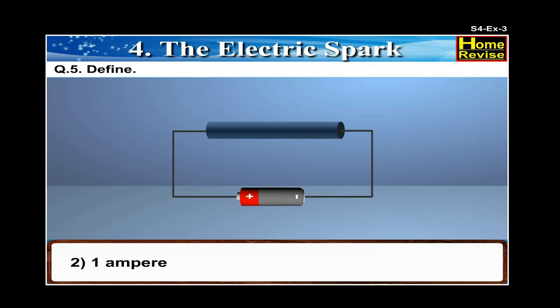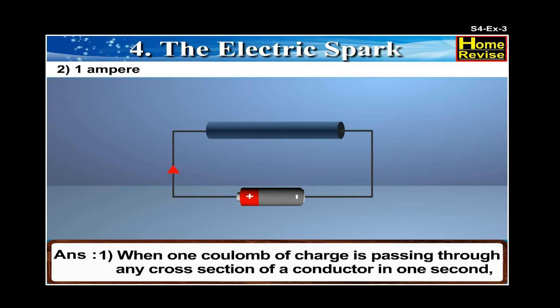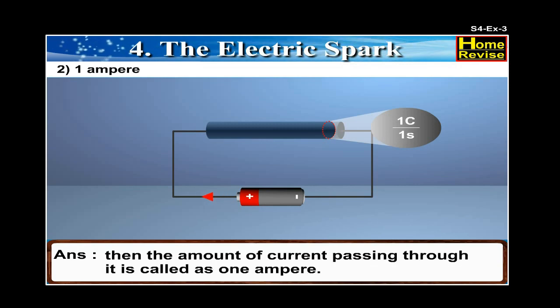Second, 1 ampere. When 1 coulomb of charge is passing through any cross-section of a conductor in 1 second, then the amount of current passing through it is called 1 ampere.